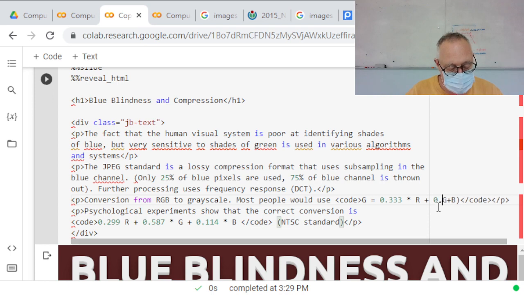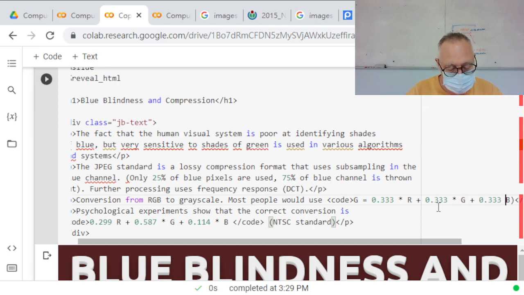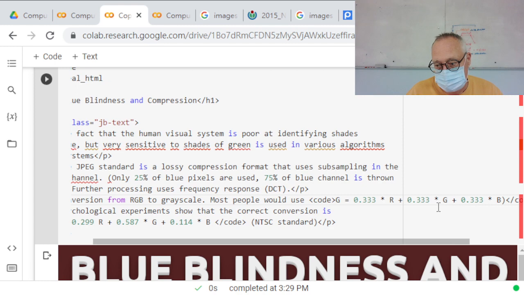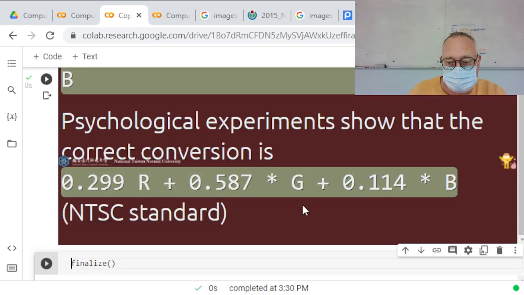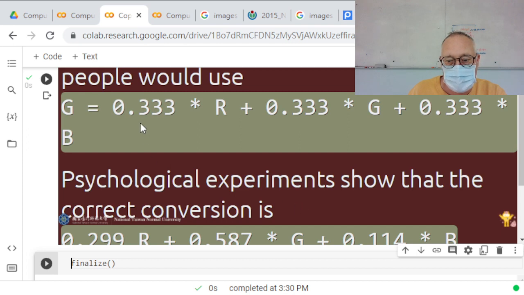If I write it with individual factors, then the intuitive one would be 0.33 times R plus 0.33 times G plus 0.33 times B.